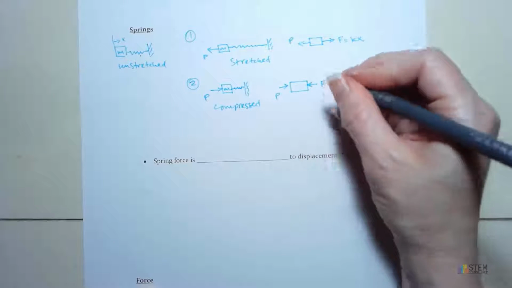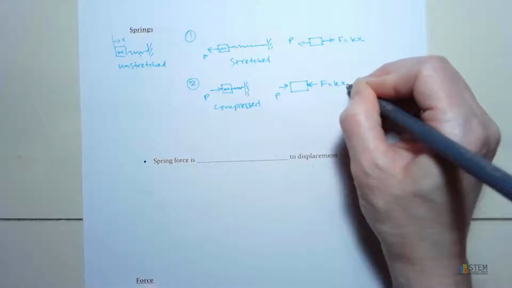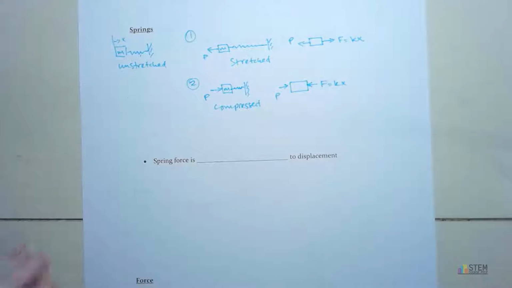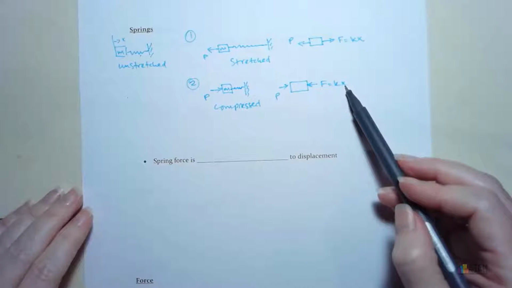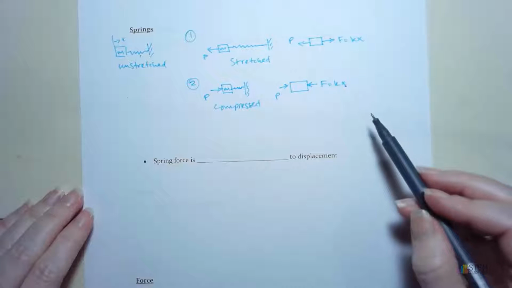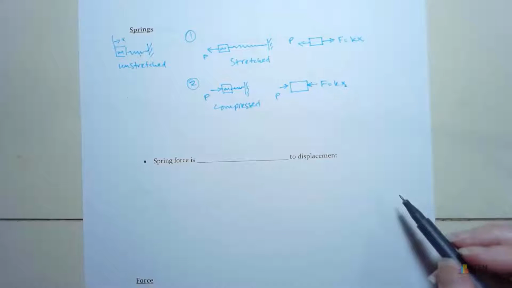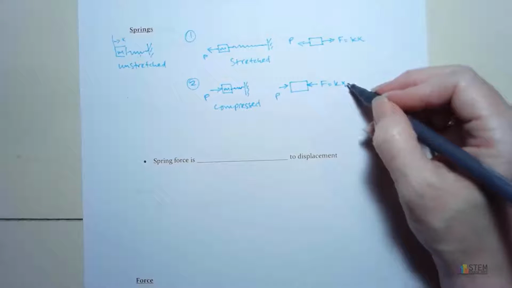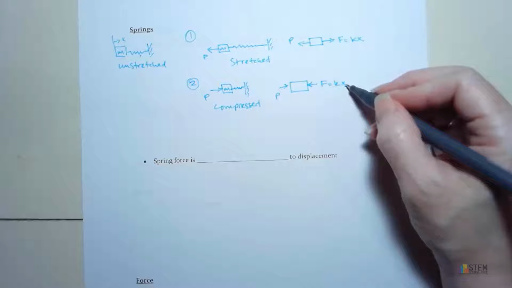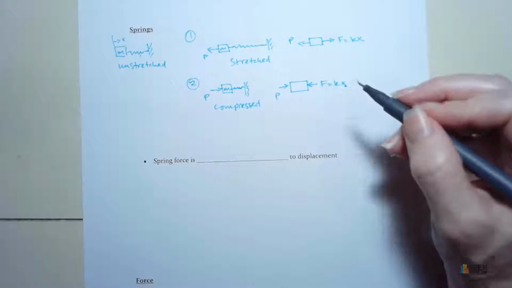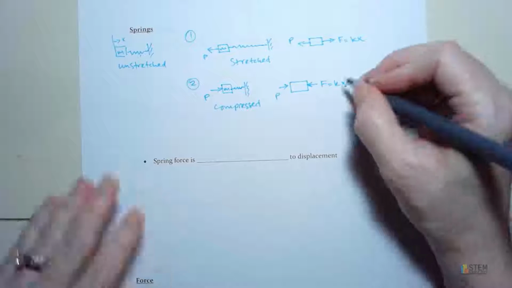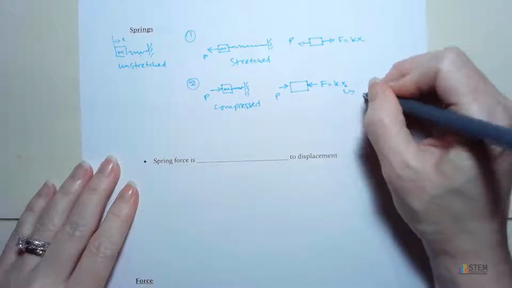So we're going to have a spring force going to the left, and that's going to equal K times X. And the X value is the amount of stretch or compression in the spring. Okay, it is not the length of the spring. It's the amount of compression or stretch.